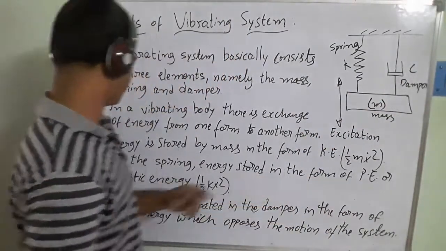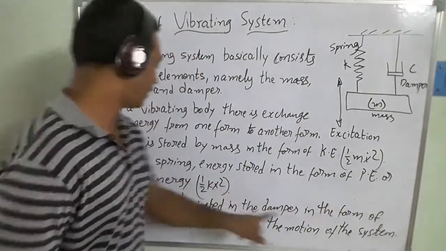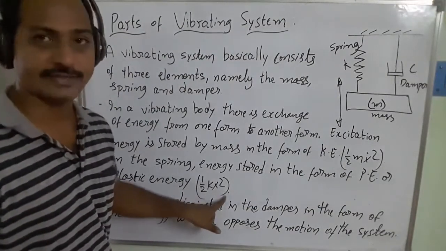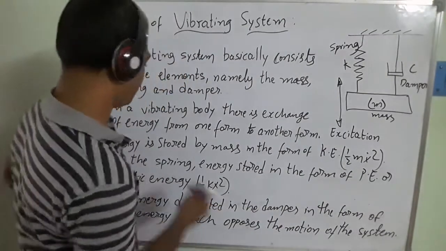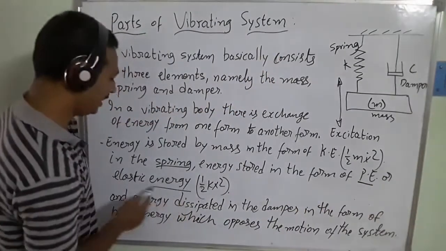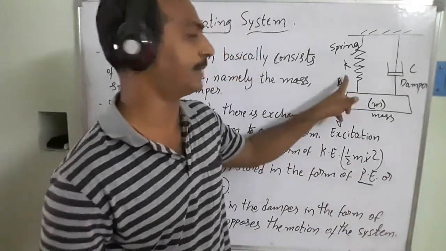The second one is the spring. The energy stored in the spring is in the form of potential energy or elastic energy, which is kx square. This is the spring system, and its energy is stored as potential or elastic energy, due to the elastic deformation of the spring, right?